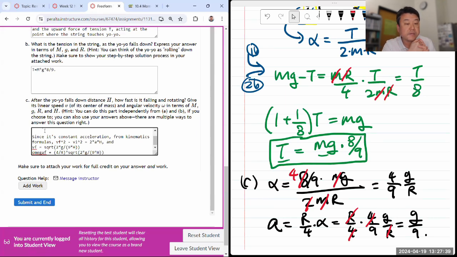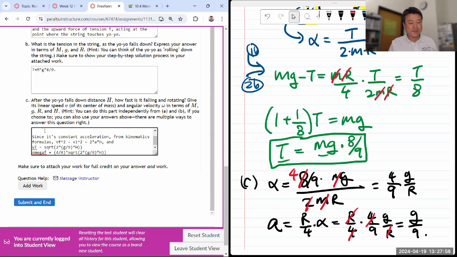Wait, did I miswrite it? Yeah, sorry, I wrote it wrong. This is why it's g over 9, that's the acceleration, and h does actually multiply.